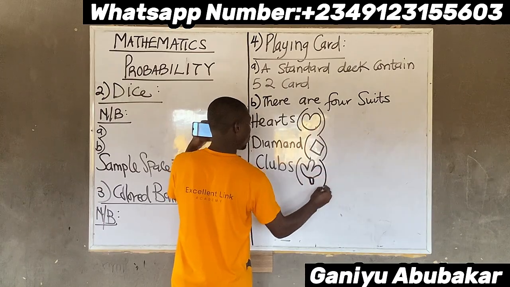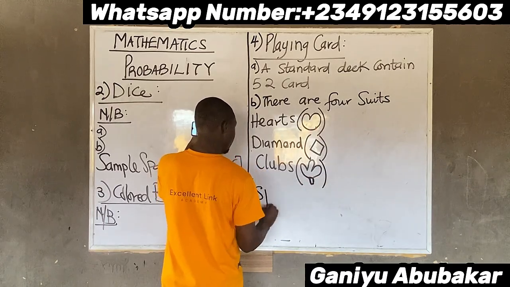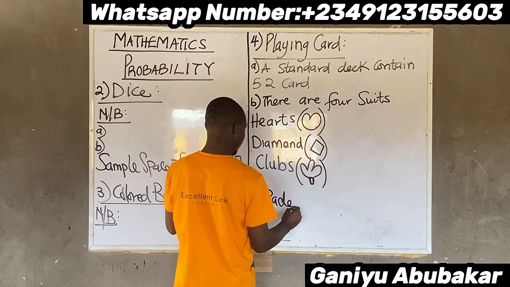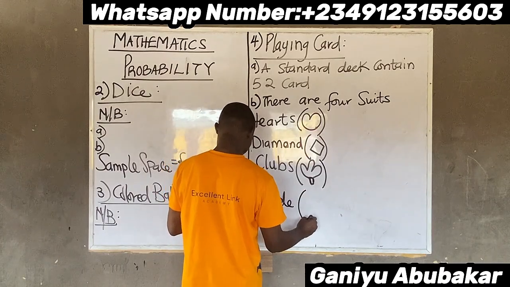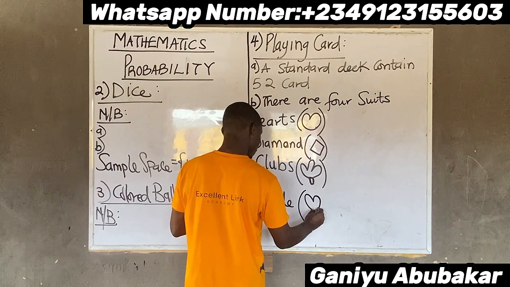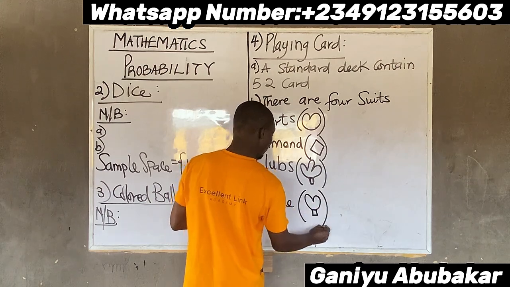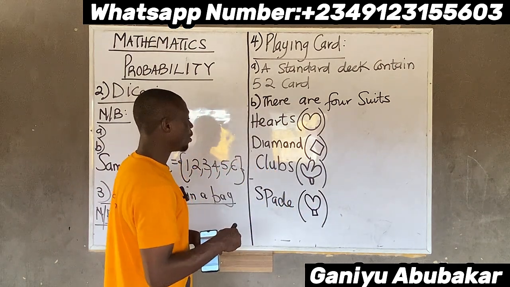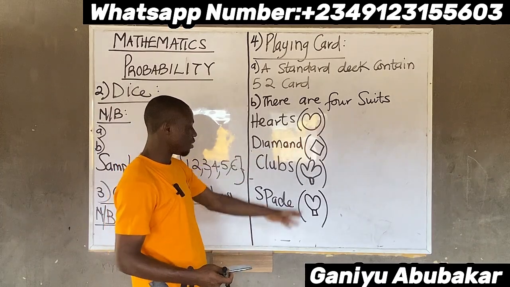We also have the club, and we have the spade. In case I'm not correct, go on Google and search them. You will see the clear diagram. Sorry for my diagram.